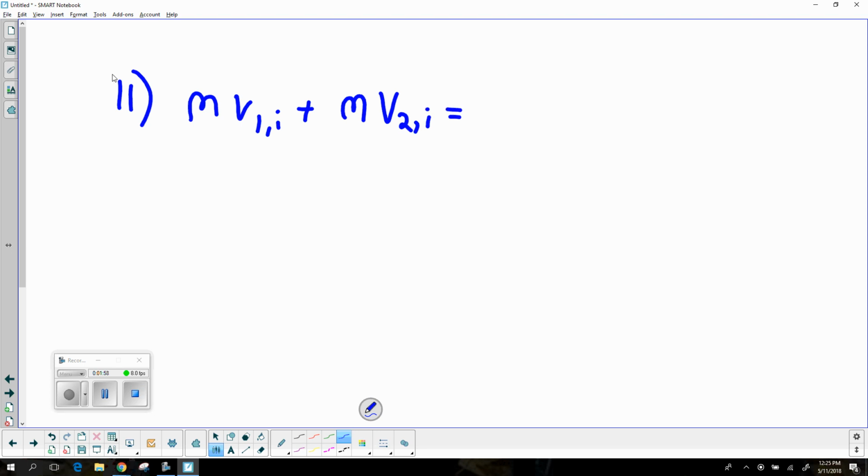In an inelastic collision, what happens to the two masses? They stick together, right? So since they stick together, it's m1 plus m2, and there's your final velocity. I'll write that down if you don't have that, and you can get that out of the simulation or this lab. This is for an inelastic collision.